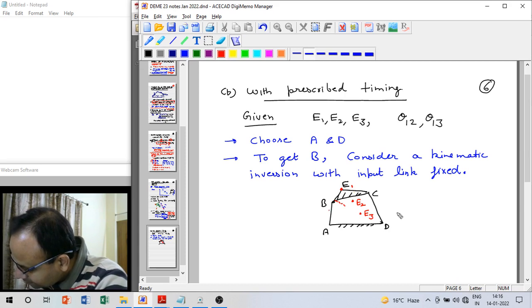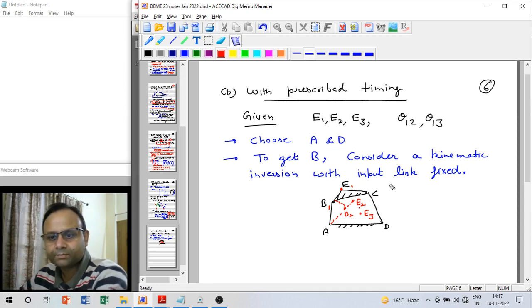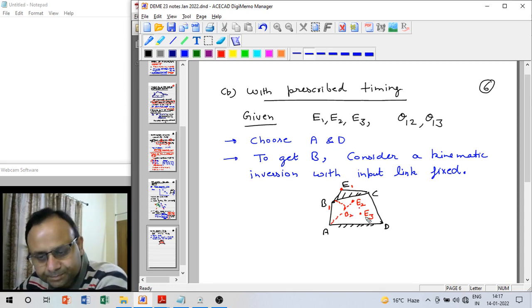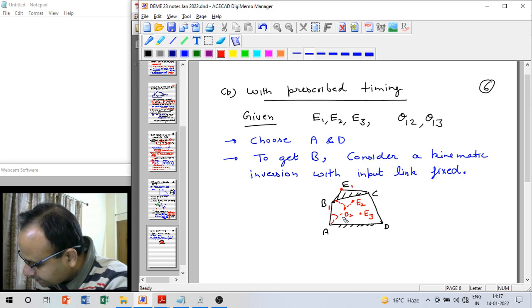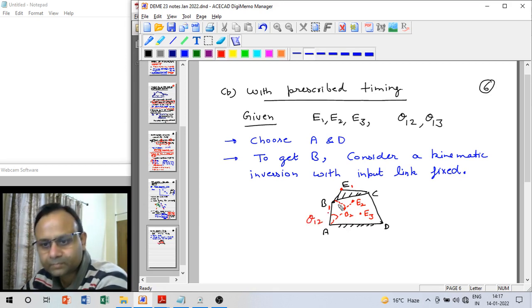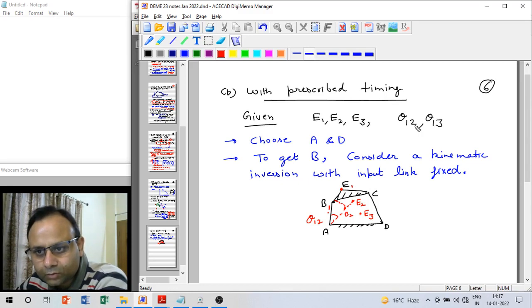Say this is position of B in 1, and say this is position of B at point 2, B2. This is E2. Similarly, we can have B3, E3. And this angle here is theta 1 2. In going from 1 to 2, rotation is theta 1 2, and it goes from E1 to E2.